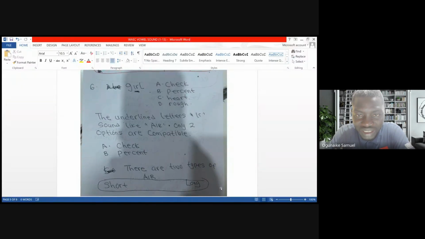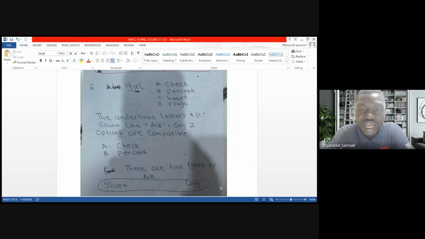Percent. That will not be percent. We didn't grow up in an environment that adapted the right one. Percent. Pe, pe, percent. Arts and rough. So C and D, they will be like a.